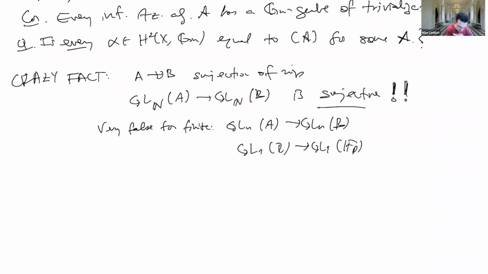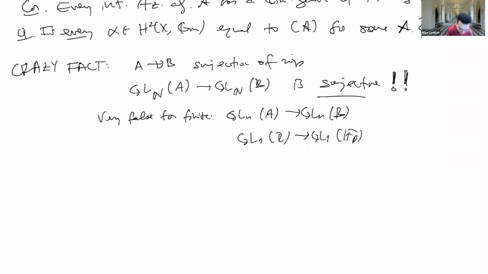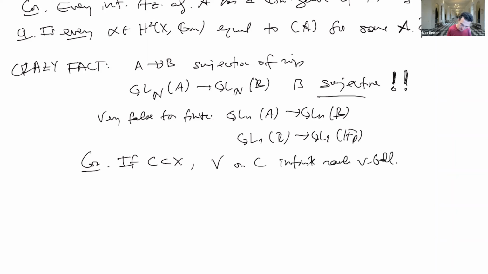Right. Okay. So maybe now I'll just mention the corollary of this that I won't have time, I think, to discuss in any detail. If you have C inside of X and you've got V on C, an infinite rank vector bundle, and I say again, countable infinite rank vector bundle. Okay.